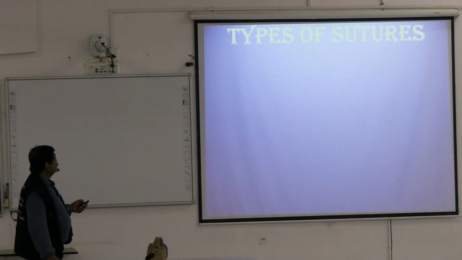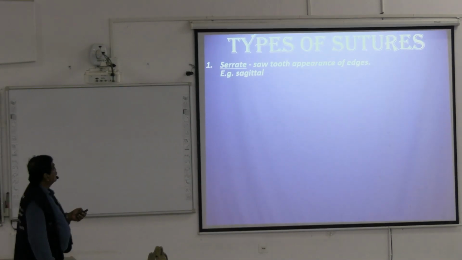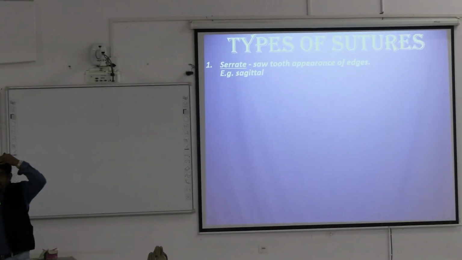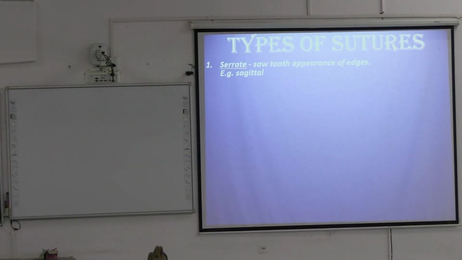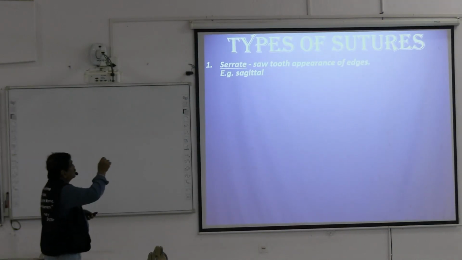Types of sutures: serrate, sawtooth appearance of edges, for example the sagittal suture. The two parietal bones meet at the sagittal suture, and the occiput meets here. It has a sawtooth appearance.